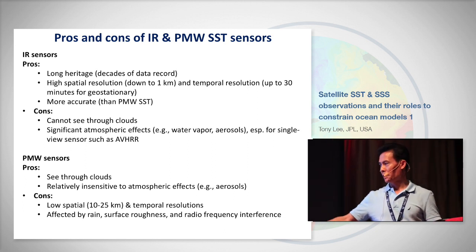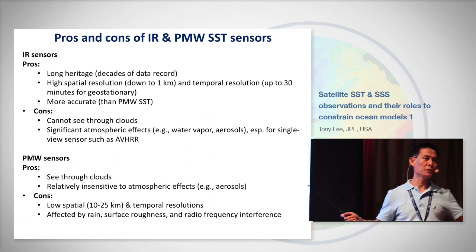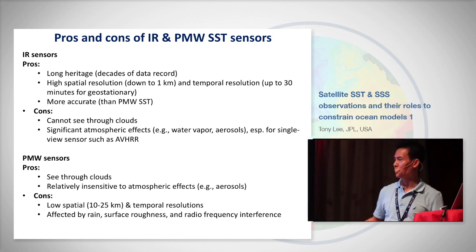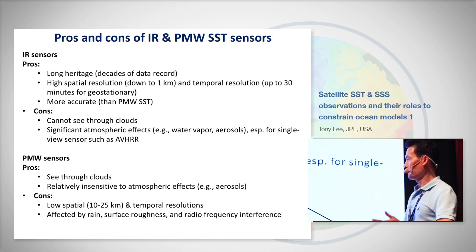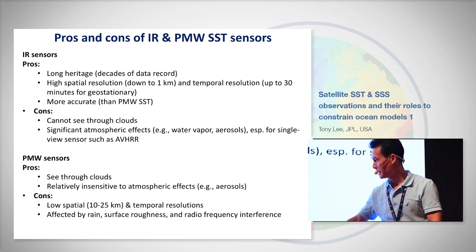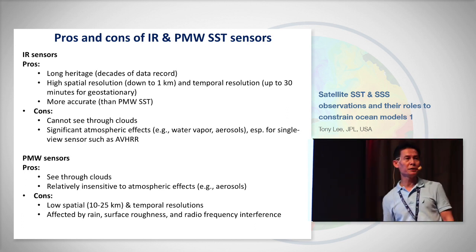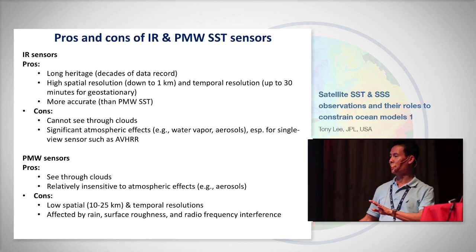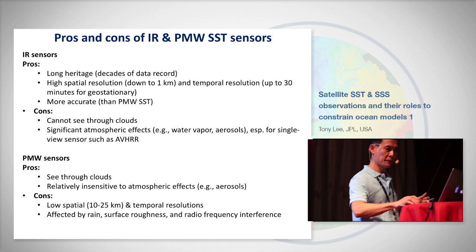It also has lower temporal resolution, typically covering the entire ocean every 2 days or so for one sensor. But it's affected by surface processes, rain and surface roughness from the ocean surface, as well as radio frequency interference. Those are factors that need to be removed in the retrieval.